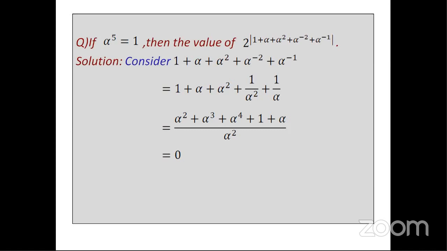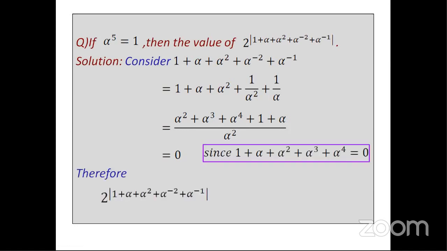Isn't it? Alpha power n minus 1 is nothing but alpha power 4. The numerator is nothing but the sum of all nth roots here for this particular problem. Our nth root is 5 here, the fifth root. So the numerator is 0. So 0 by alpha square is nothing but 0.